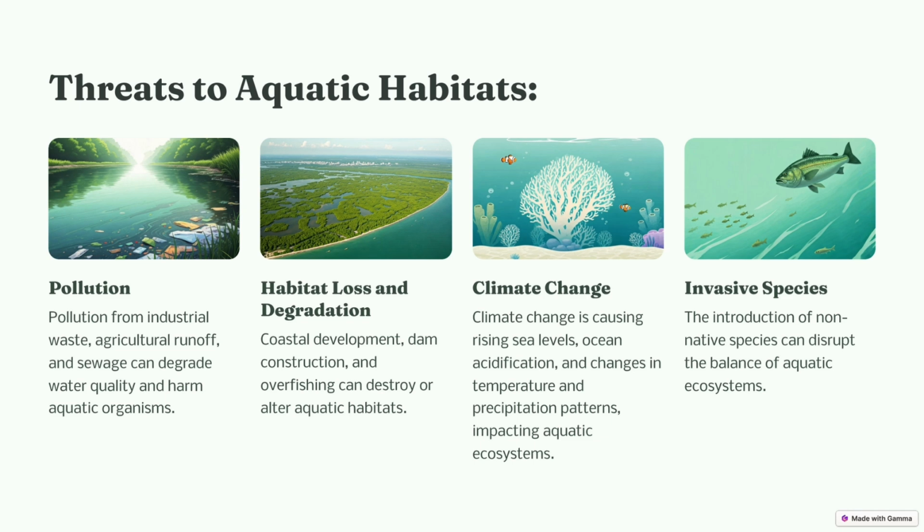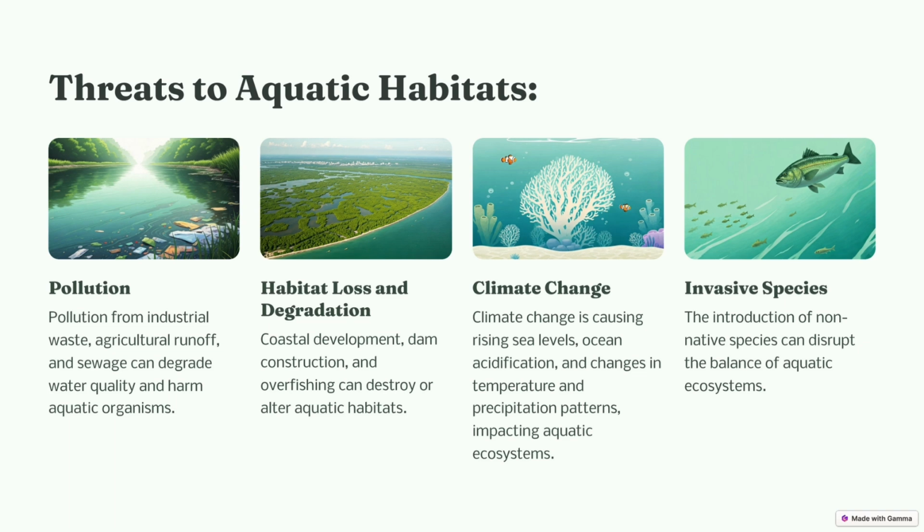Next, we also have habitat loss and degradation. Coastal development, dam construction, and overfishing can destroy or alter aquatic habitats. Climate change is causing rising sea levels, ocean acidification, and changes in temperature and precipitation patterns impacting aquatic ecosystems.